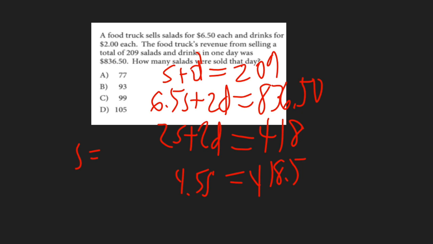It should be 93. S seems to be 93 here because that's the one that makes the most sense. 9 times 45 is 405. 135 divided by 45 is 3. So it should be 93.